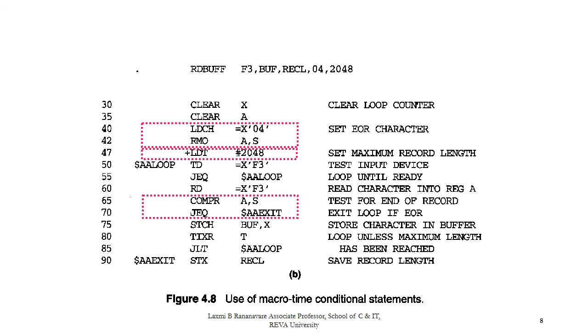So EOR has 04, and that character is loaded in the accumulator. The next statement is register move, the content of accumulator A to register S. The accumulator has 04, and you move this 04 to register S, so S will have 04. The next instruction is LDT 2048.